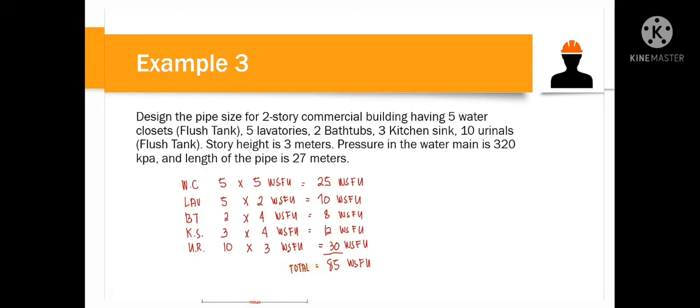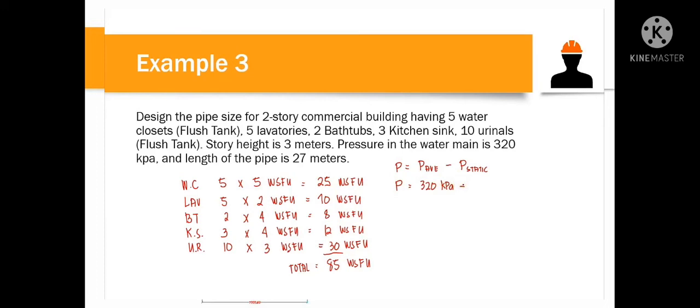Okay, so after this one, we refer to table 6-6, but our P here is equivalent to P average, or the pressure in the water main, minus the P static, or the static pressure. So P here, the net pressure, is equal to, now P average, or the pressure in the water main, is 320 kilopascal, minus the static pressure.